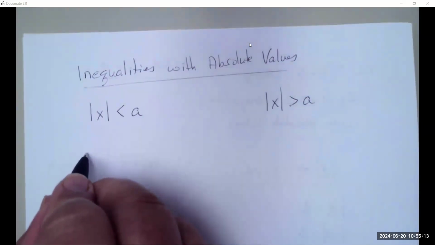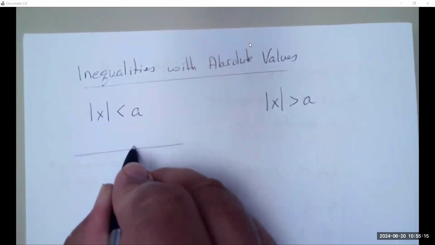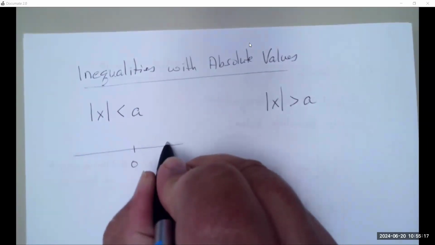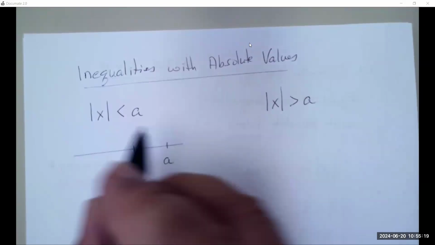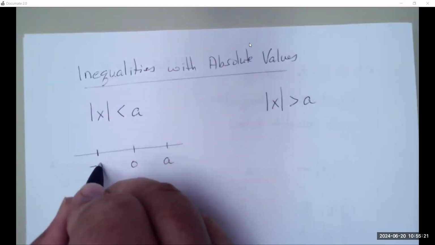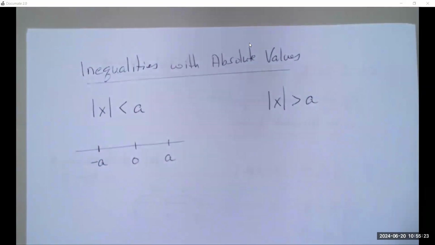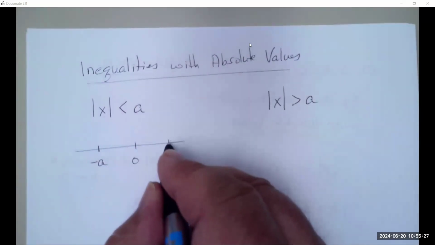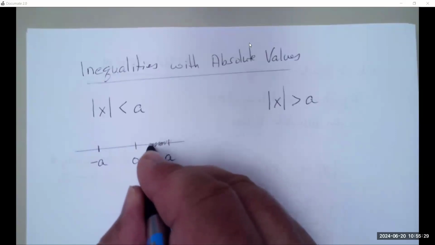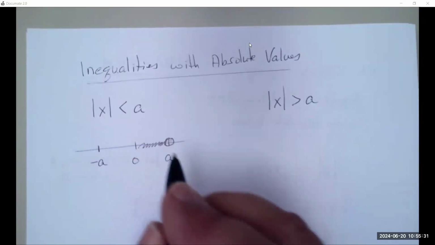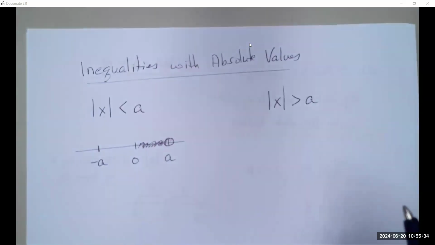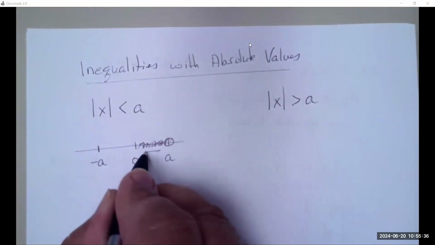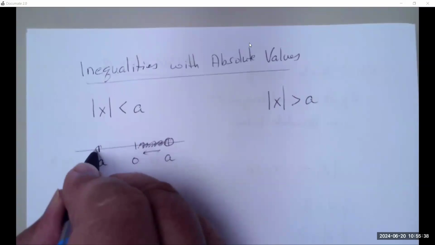Let's look at this graphically. Here's 0. Here's some number a, and there's some number negative a. If x is less than a, in other words, it starts from a and goes down to 0. It's going towards 0. So it does the same thing from negative a.